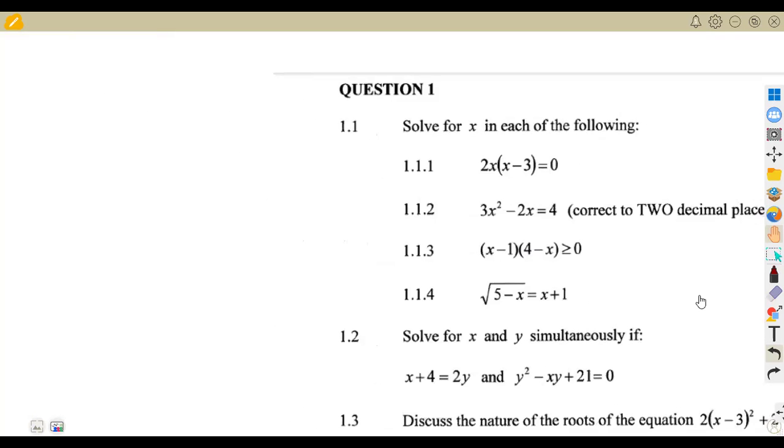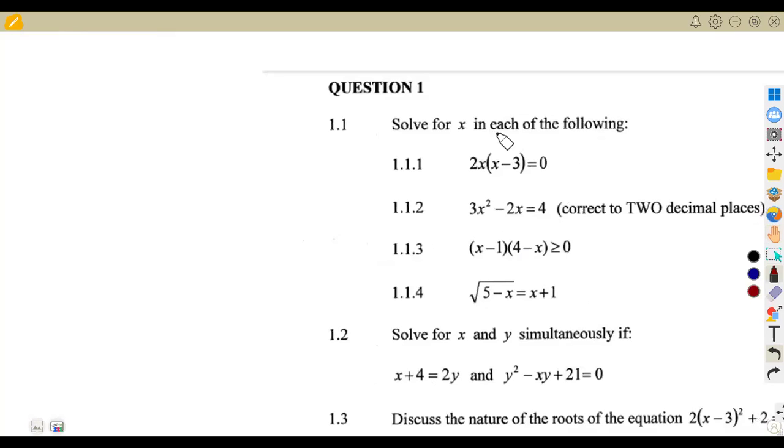That's a direct question that we are given, whereby we are being asked to solve for x, given 2x times (x minus 3) is equal to 0. So what we simply have here is that we're going to apply our zero concept.